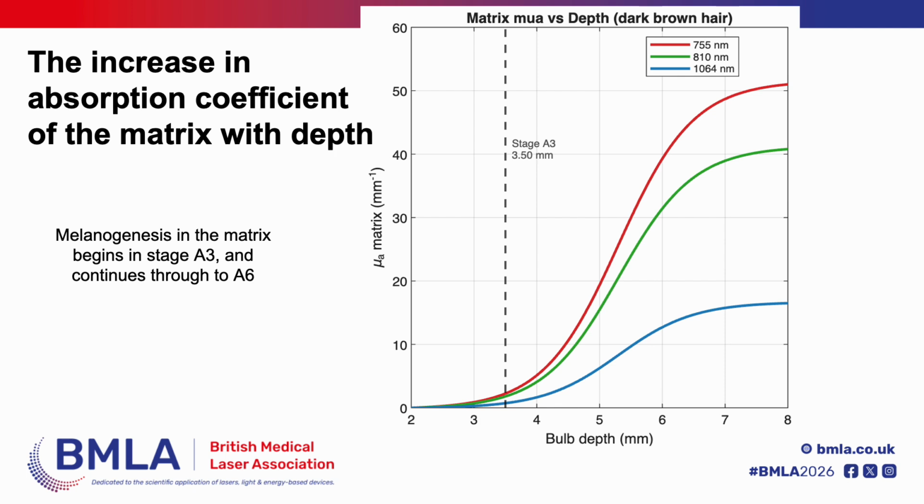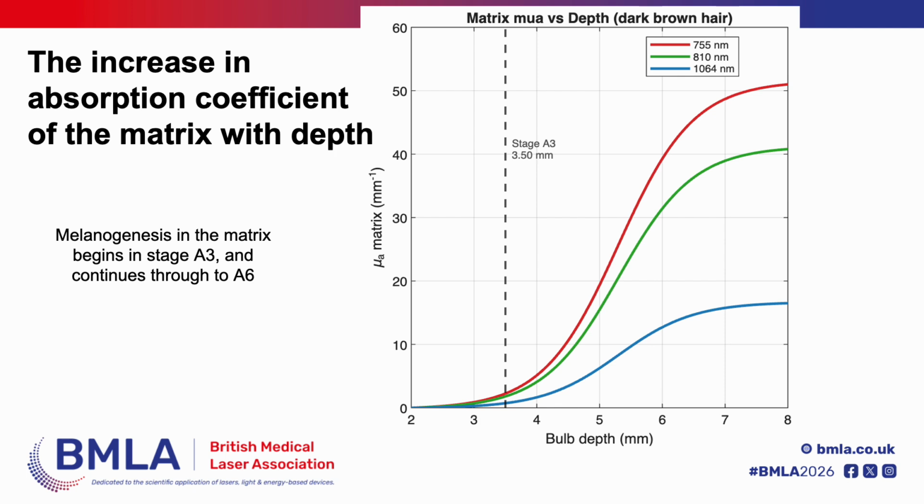So this means that superficial hairs, which are located in a thin dermis, will not have as big an optical target as deeper hairs, because they continue to grow, and the matrix continues to grow with them and becomes darker with them too. So in actual fact, deep hairs present us with a larger, darker target compared to superficial hairs.